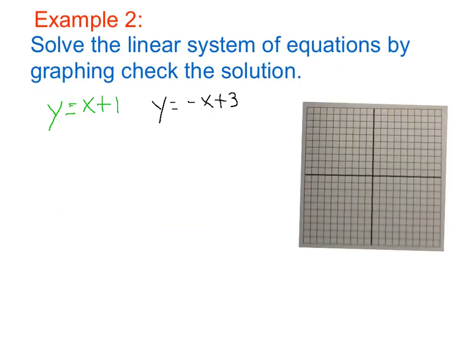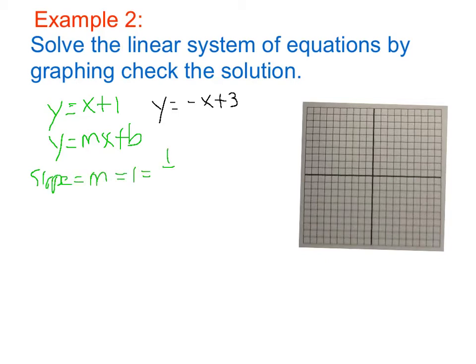Alright, so here I'm going to graph these two equations and look for a solution by seeing if they intersect. I'm going to do two different methods here. The first one, in green, I'm going to do with slope-intercept form. If you get y equals mx plus b, whatever's in the m is the slope. So slope equals m, and in this case m is 1.